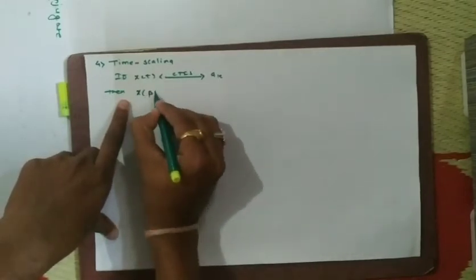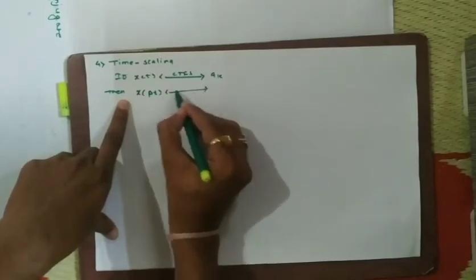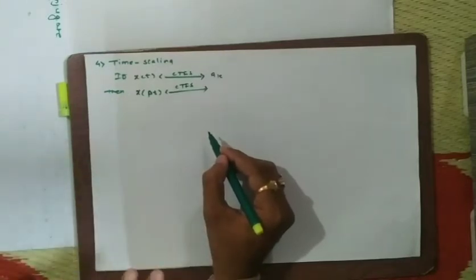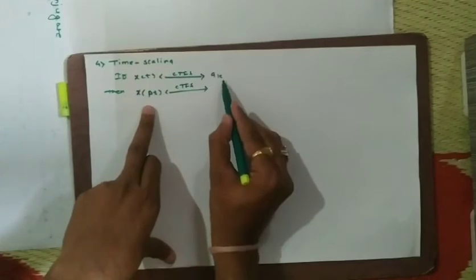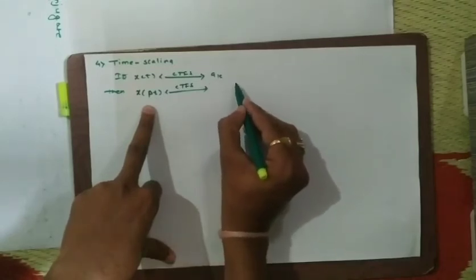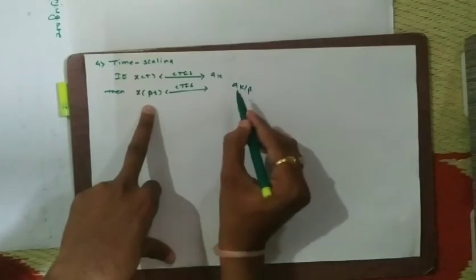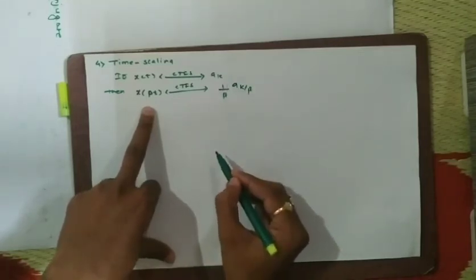Let us consider it is x(beta t). That means it is multiplied with the beta factor, and its Fourier series coefficient we have to find. Now in case of time scaling operation, remember the trick, just divide the output signal by the given time scaling factor. Here we have the Fourier series coefficient a_k, so I will divide it by the beta factor, and this entire term will again be divided by beta.